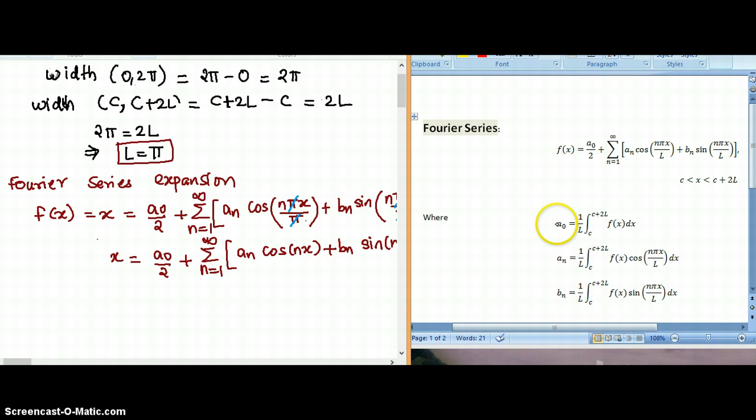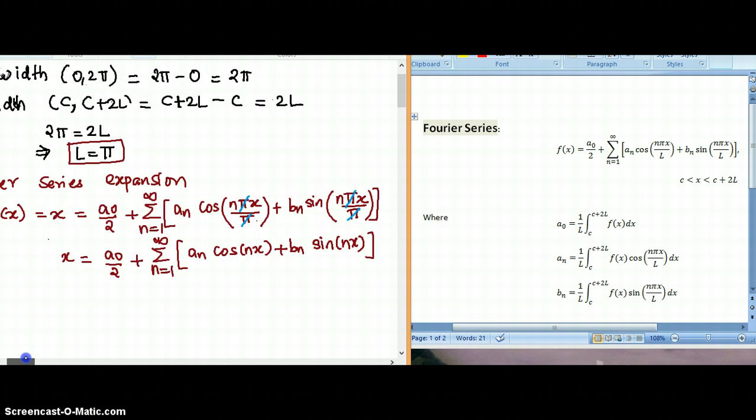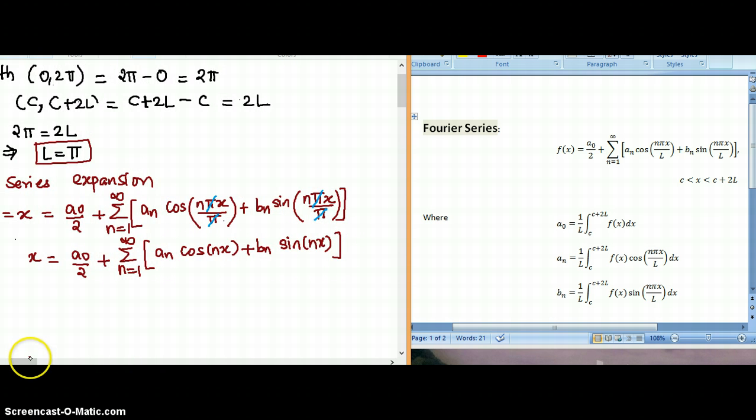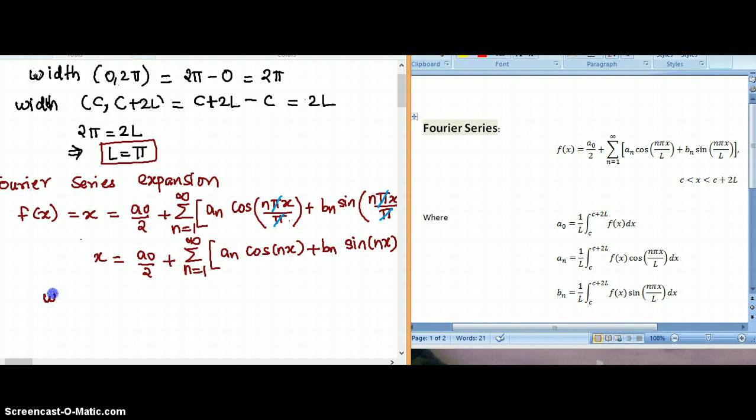Now we need to calculate the values of a0, an and bn by using the rule. We write here where a0 is equal to, first we write the rule, 1 over l, where l is π, integral from c to c plus 2l, where the function is defined.